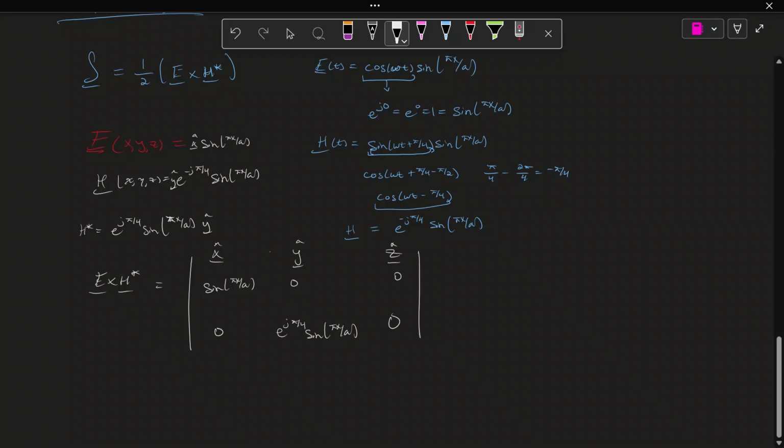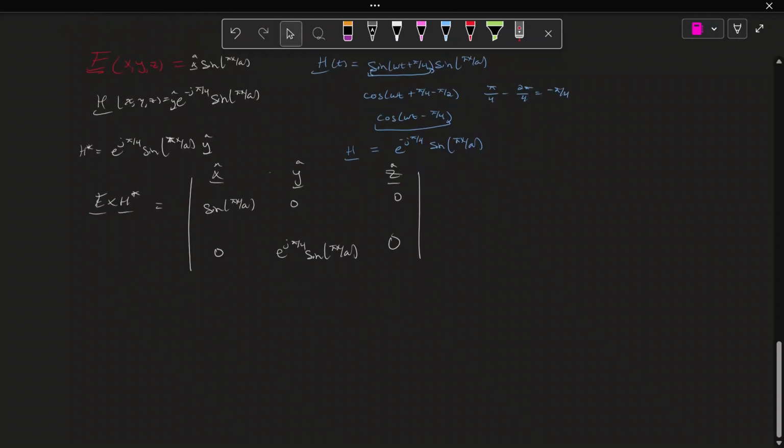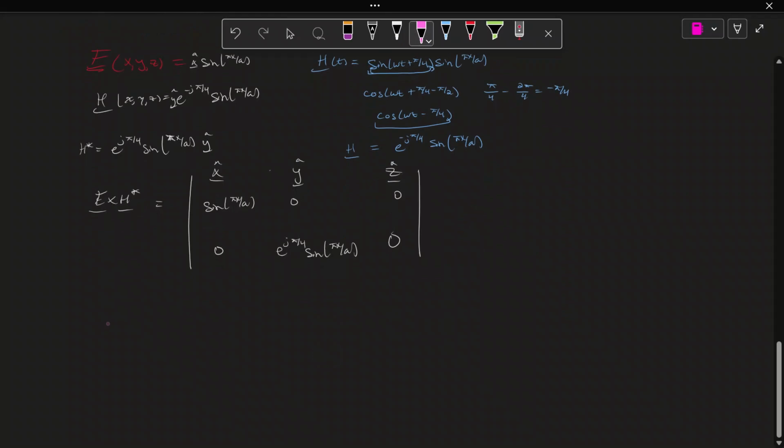Remember before, when we take the cross product and it's going perfectly in x and y only, we know it's going to be a z component. Especially when all the others are zeros, it will always be a z component. So E crossed with H conjugate is equal to the z component of e to the j pi over 4 sine squared of pi x over a.